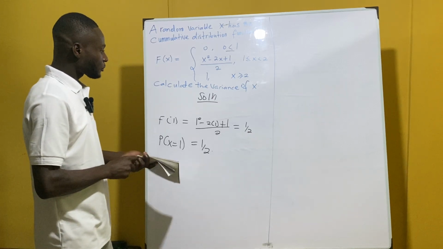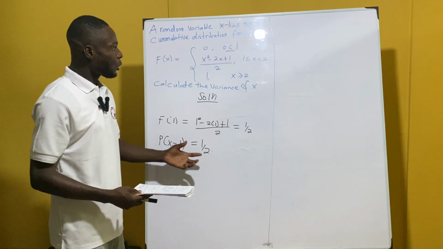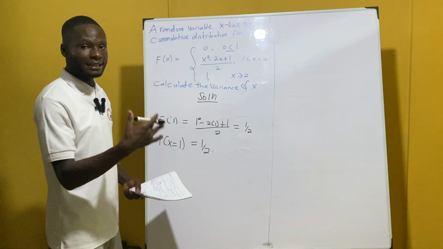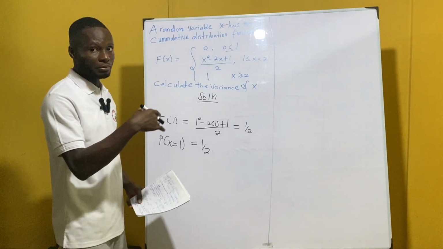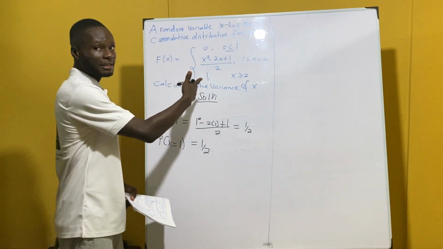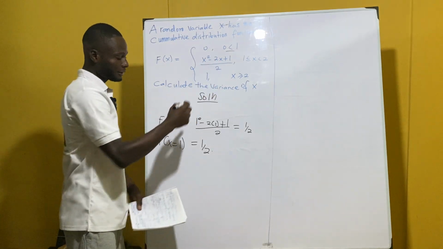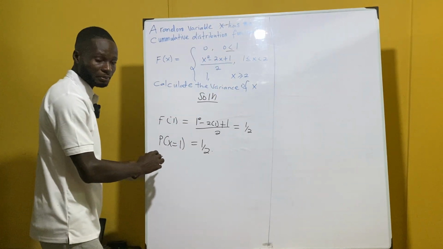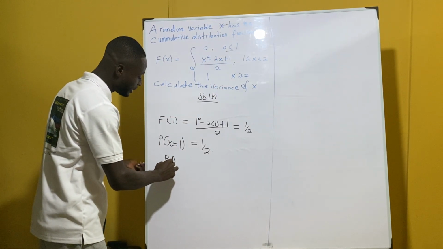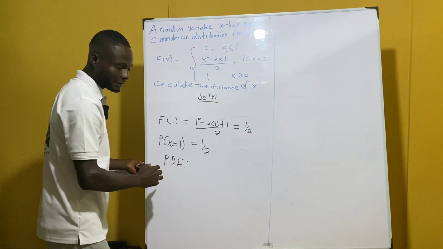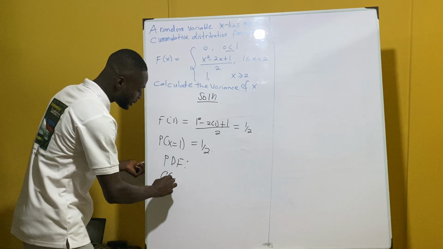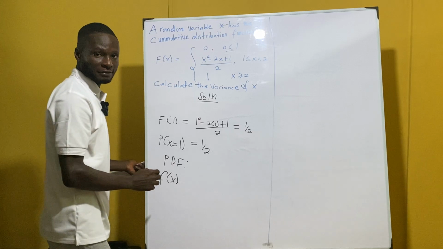So now, since we know this, we can go ahead and find the PDF, the probability density function, from the CDF, given the function, right? So here, the probability density function, which is the PDF, is the differential of the CDF.